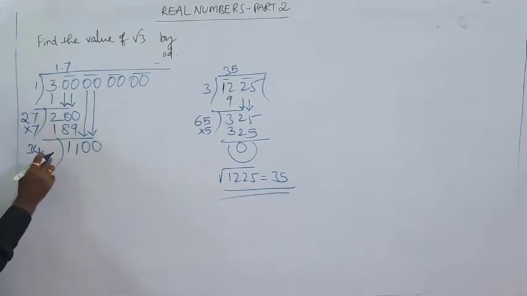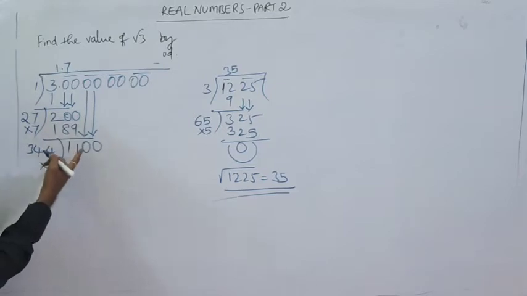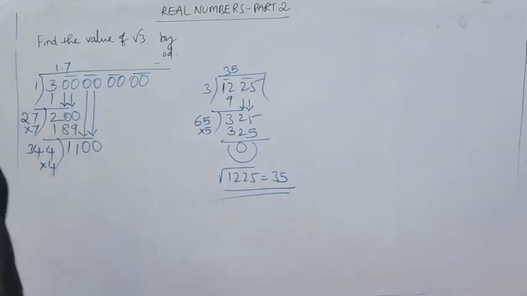As per my guess, by the trial and error method, shall I take 3? 3 would be suitable, I think. Because if I take 4, 4 into 4 300s are 1200, but here we have only 1100. So what should I consider here? 3. Less than 4 we have to consider.